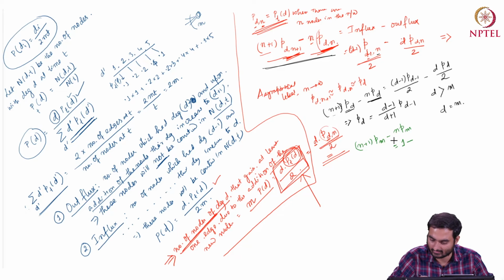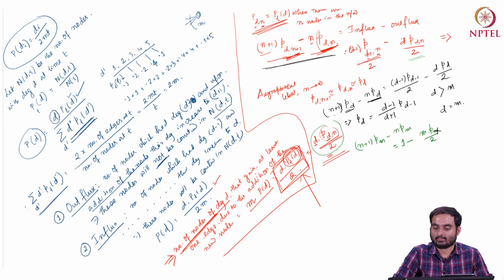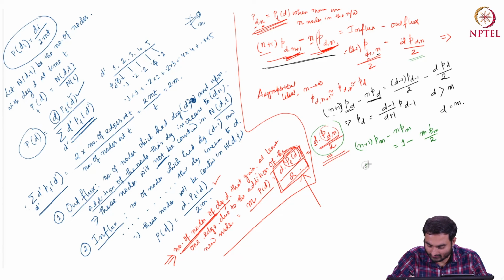Let us look at this quantity again. So this would be m times pm by 2. Okay. So here also if we calculate the value of pm, you will have pm equals 2 by 2 plus m.